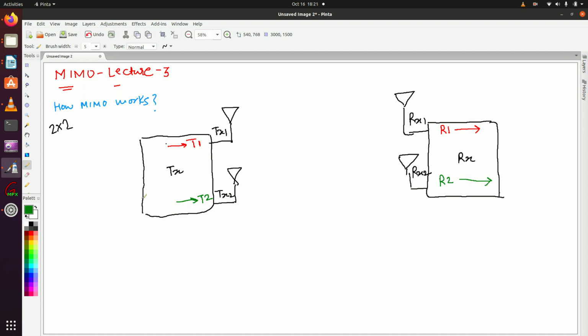So you might have noticed we are sending T1 and T2, but we are receiving R1 and R2. Why? Why has the signal changed? This is because of the wireless channel.